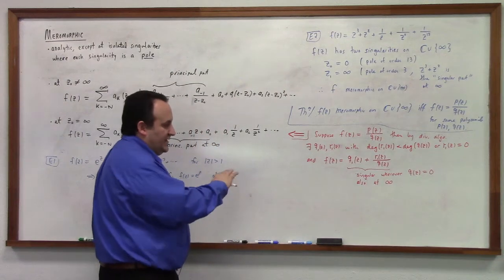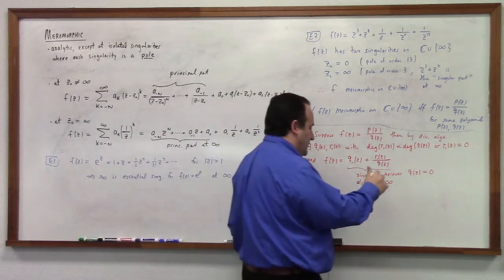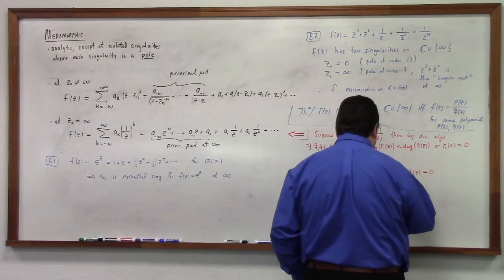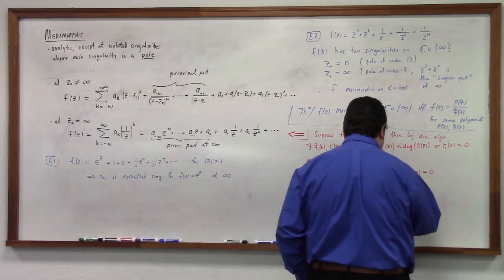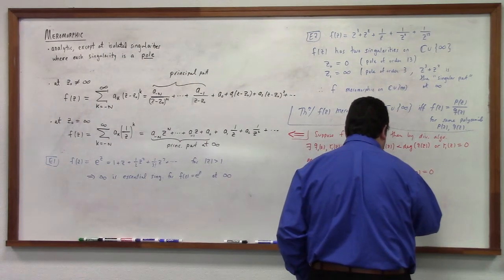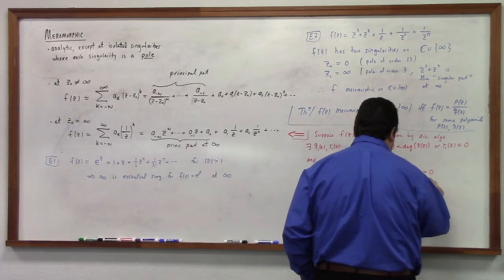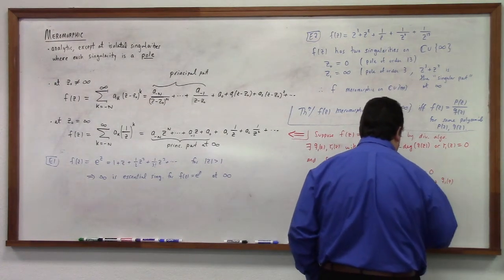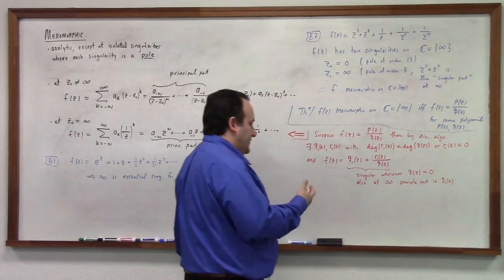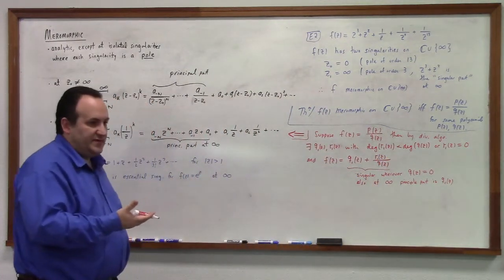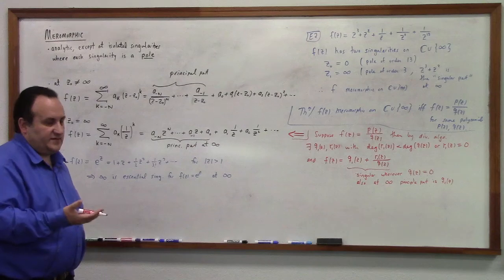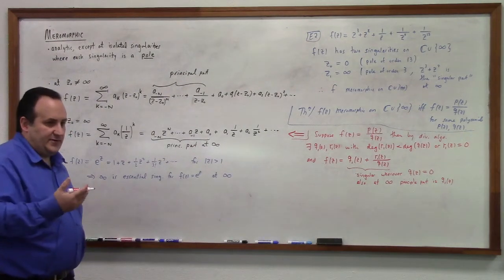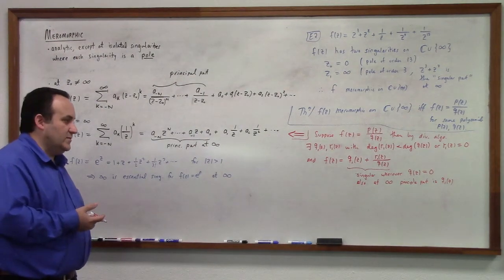So notice that at infinity, rather, the principal part is q1 of z, right? And so that's the polynomial piece here. And so since it's just a polynomial, it has finite order, so it's a pole at infinity.